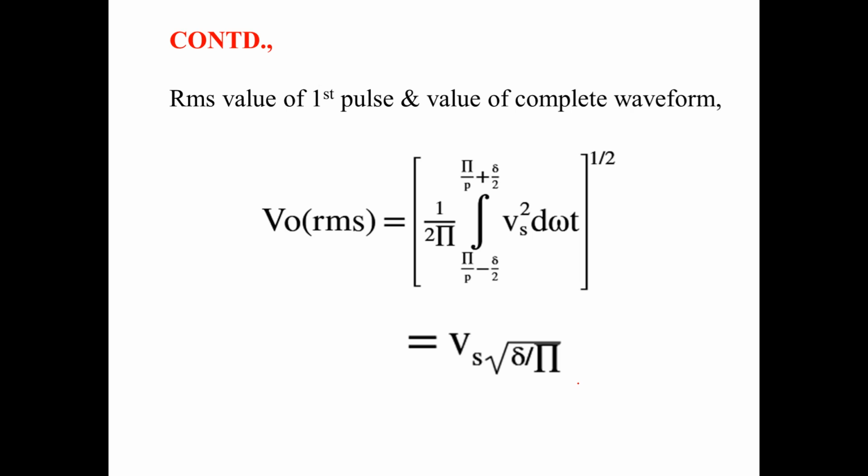For the complete waveform it will be 1 by 2 pi times the integral from pi by p minus del by 2 to pi by p plus del by 2 of Vs square d omega t, whole to the half. After differentiating and integrating, we get Vs square root of del by pi.